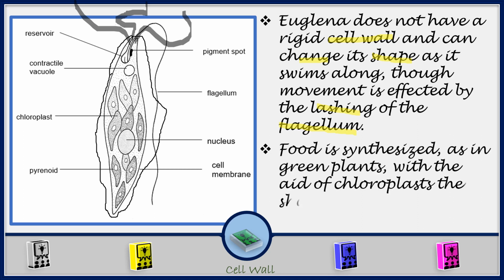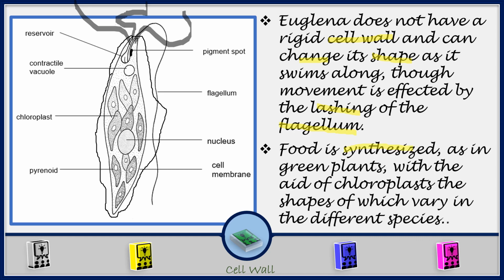The food is synthesized as in green plants with the aid of chloroplasts, the shape of which varies in different species. We saw that when you look at our Euglena, it has chloroplasts all over it.